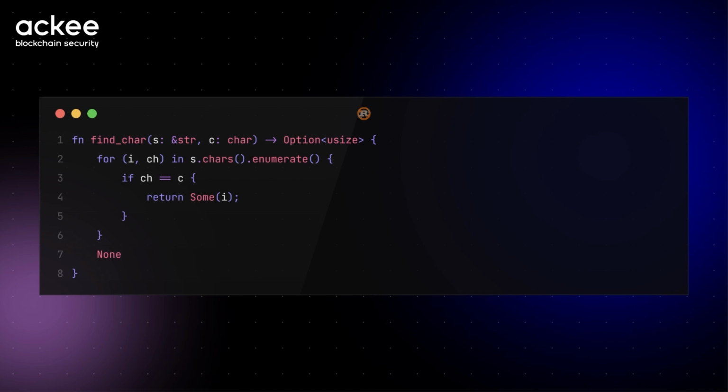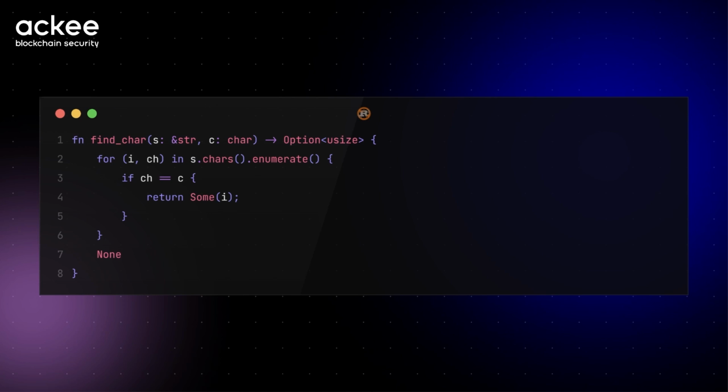For options, we have the final value wrapped in Some, or the None value, or the None option. You can see we have again specified a function which takes a character and a reference to a string. In this case, we have a slice or reference str type, and then we return the option.